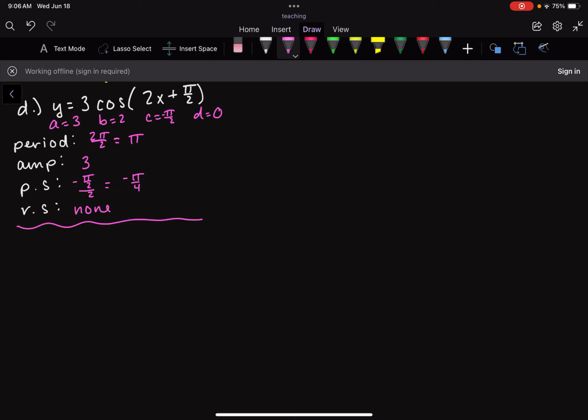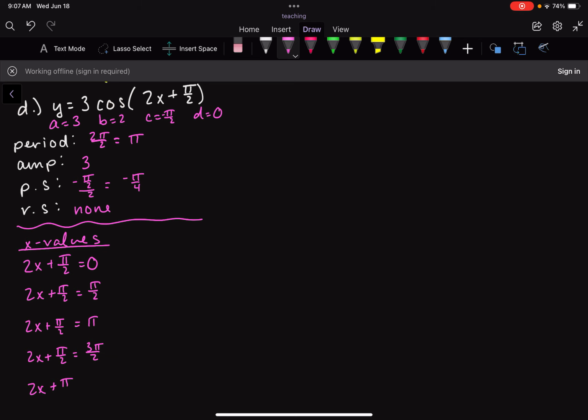So let's go get these x values. Process is the same. I'm going to take the inside of these parentheses, set it equal to the big 5. And now I'm going to solve for x.